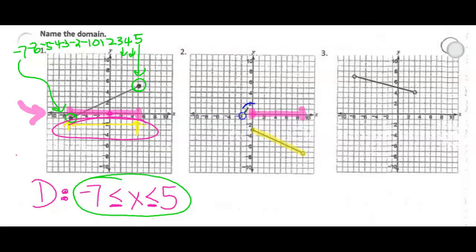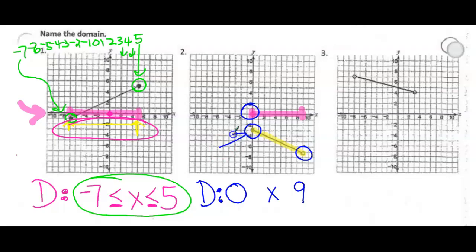Next, you determine what those numbers are. On the left, right here, is 0. Let me put my D for domain. I'm going to skip a space and use X because domain is X. I'm going to go all the way to the right. This one goes all the way to 9. 0 to 9. I'm paying attention to my circles.